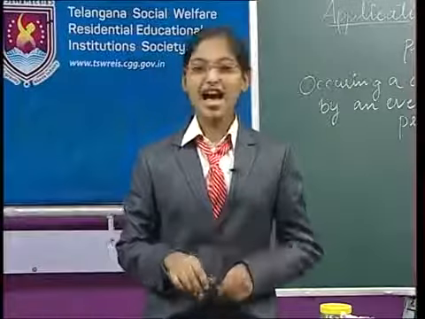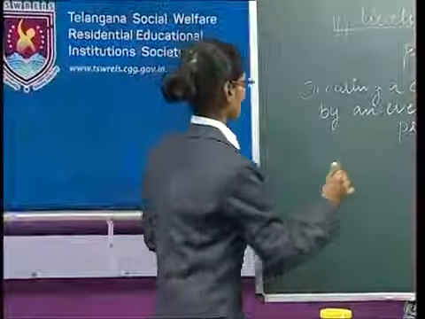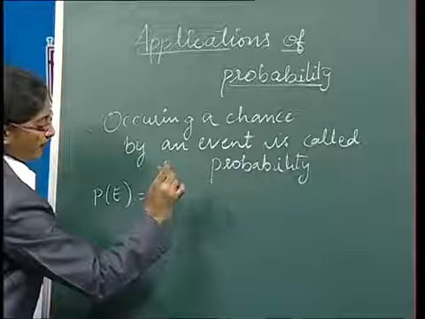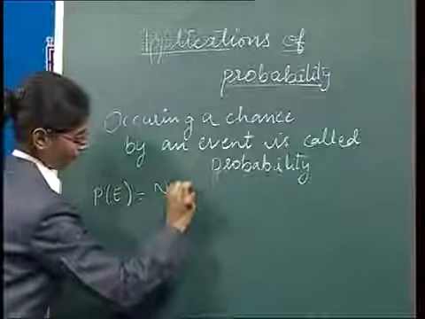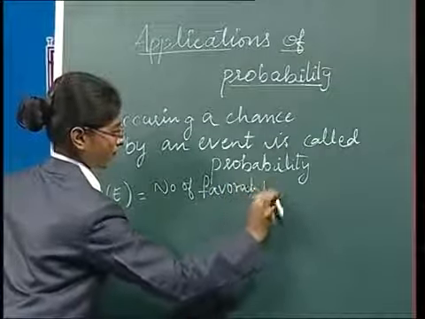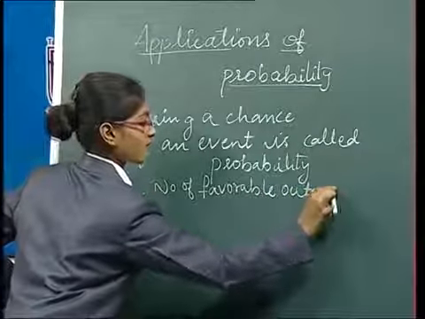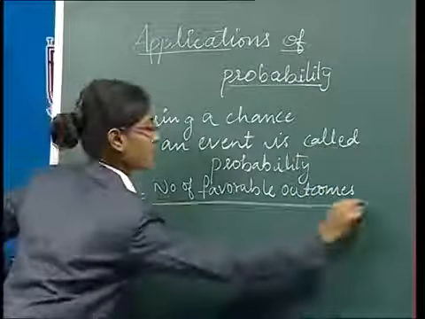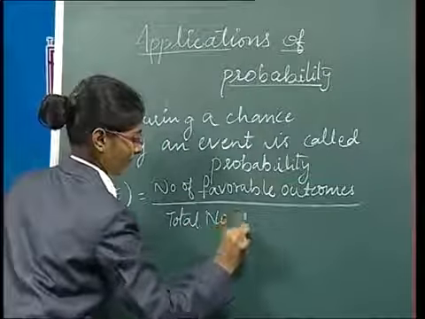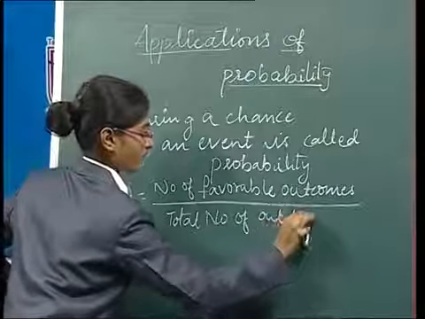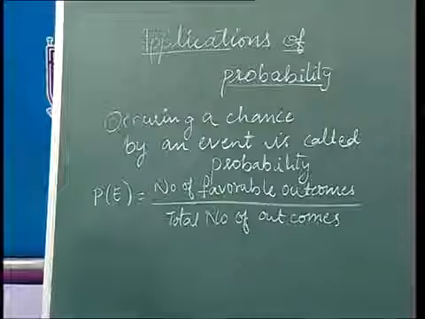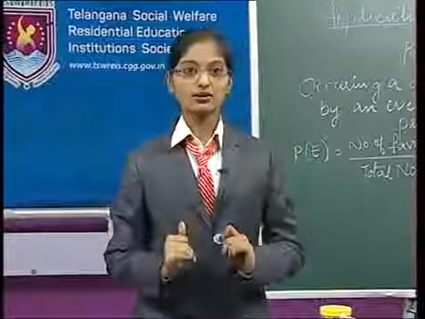For this, we have a formula here: number of favorable outcomes by total number of outcomes.